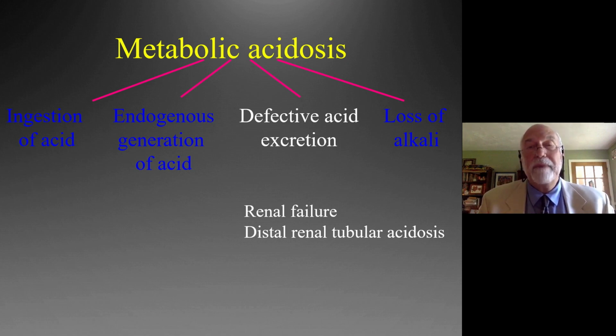If we have impaired renal function, again, the kidneys are the main way that acid is excreted through the generation of ammonium chloride. And if we have reduced renal mass, we have defective acid secretion. And that is the common metabolic acidosis that we see in our patients with chronic kidney disease. And then the more selected disorders where hydrogen ion secretion is affected are the distal renal tubular acidoses.